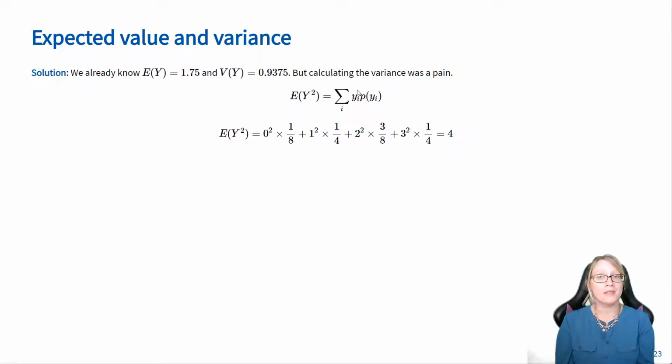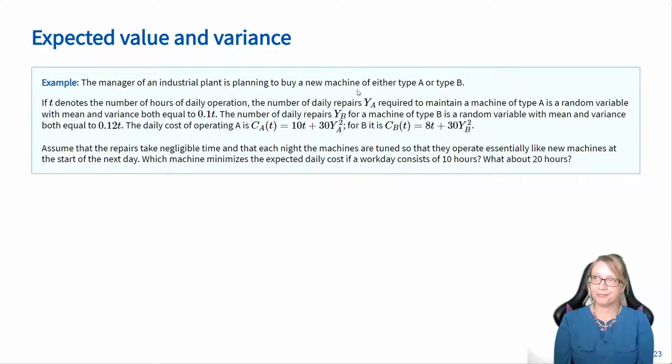So our expected value of y squared is 4. The variance then is the expected value of y squared minus the expected value of y quantity squared. So we get 4 minus 1.75 squared, again 0.9375. So this does indeed work.